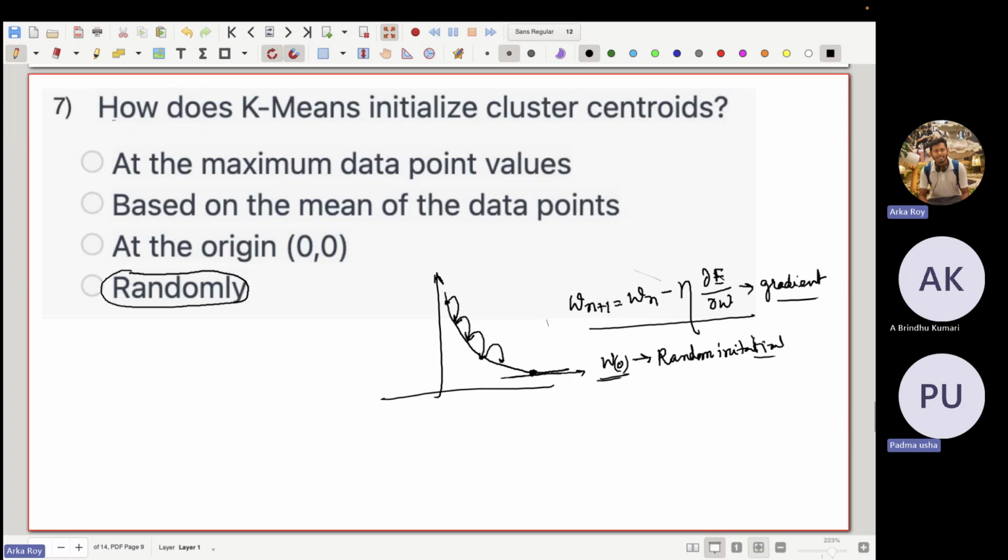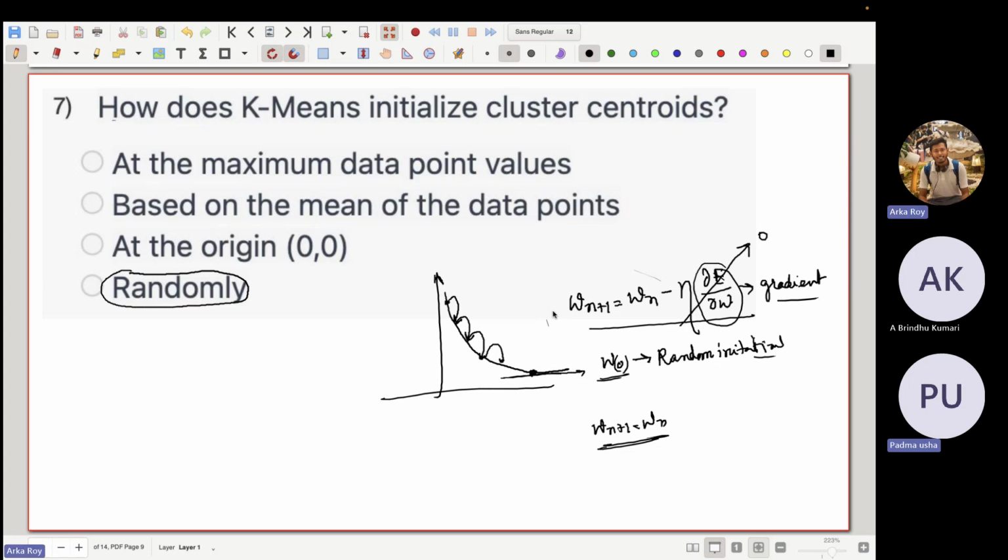At the global minima, the derivative will vanish, so this part will become 0, which means W(n+1) equals Wn. So everywhere in the machine learning literature, because we solve these sorts of problems using computer algorithms, we initialize each and every problem with random initialization, and using that random initialization, we solve these problems iteratively.